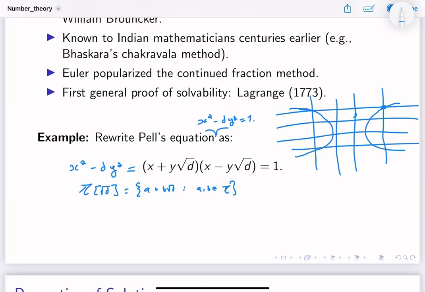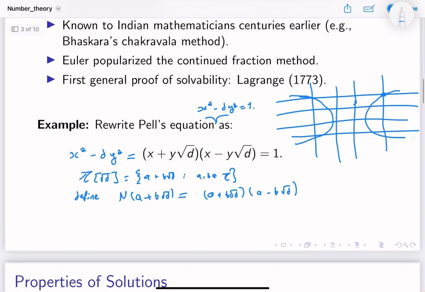We can define the norm of a plus b square root of d to be a plus b square root of d times the conjugate of it, a minus b square root of d.